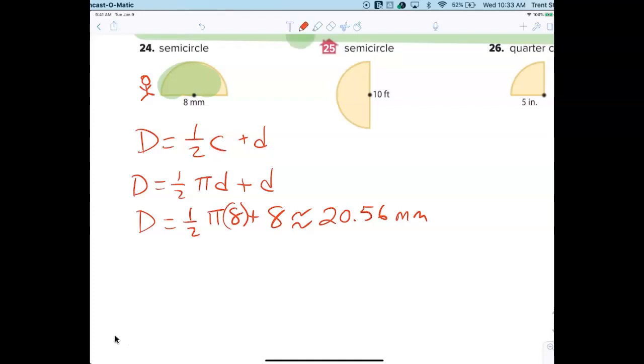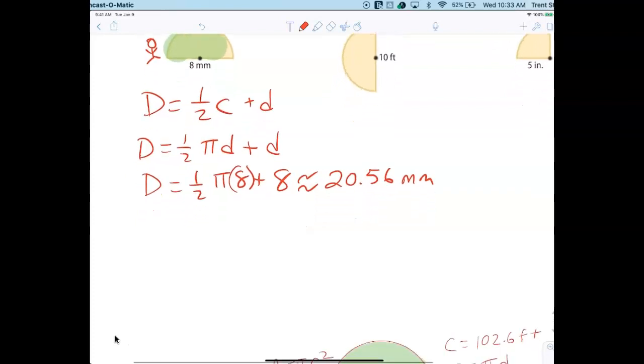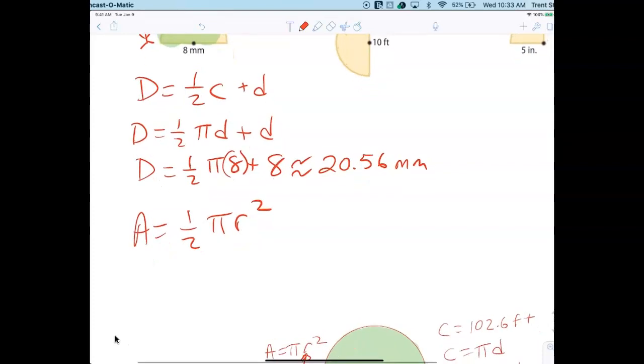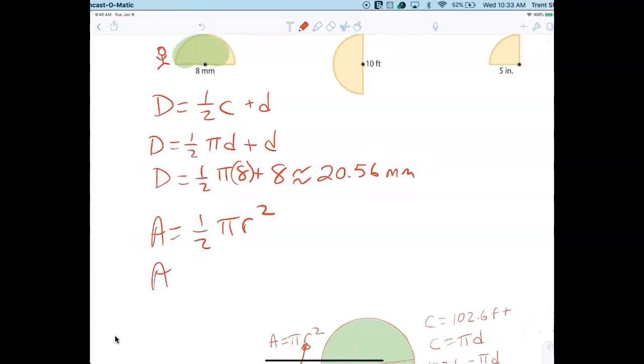That is exactly correct. Area equals 1/2 pi r squared. Thank you very much. That was excellent. All right. So what's the radius again? Right. So A equals 1/2 times pi times 4 squared.